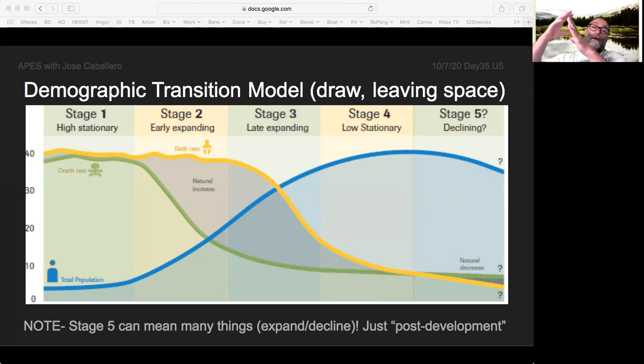At one point, population growth will get so steep because you have more of the babies surviving, more breeders making more babies, more older age people and more elderly people all being added at the same time. That's usually the end of stage 2. That's the steepest part of population growth before birth rates start to fall.